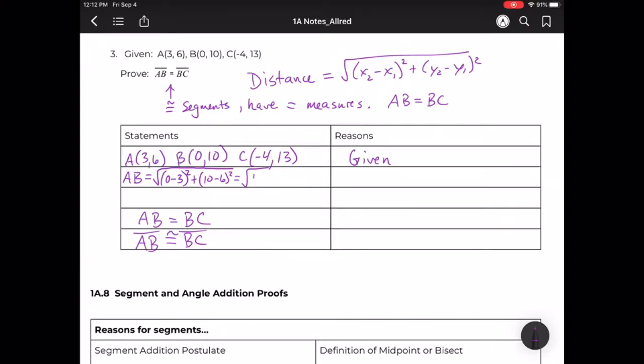Negative 3 squared is 9, positive 9. Plus, 10 minus 6 is 4, and 4 squared is 16. And if I add 9 to 16, that's the square root of 25, which is a nice, easy whole number, 5. The square root of 25 is 5, since 25 is what we consider a perfect square.